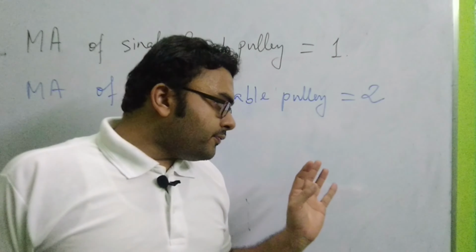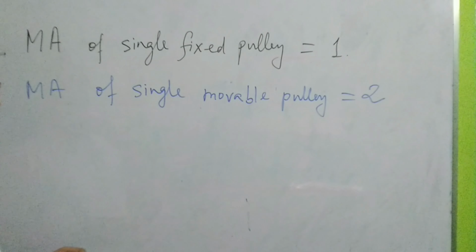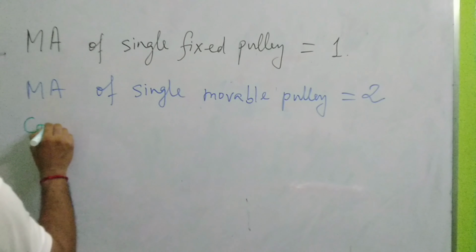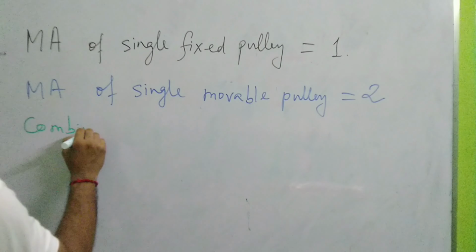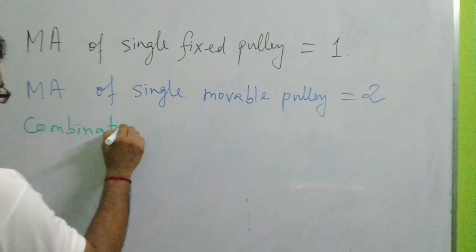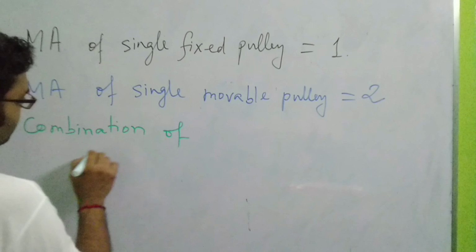For that kind of pulley system, where we need a mechanical advantage greater than 2, we need to combine the pulleys. So here comes the concept of combination of pulleys.